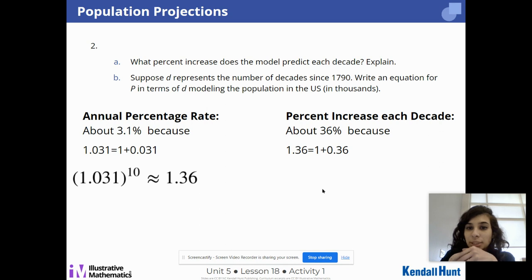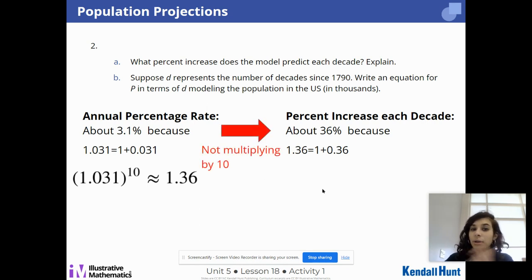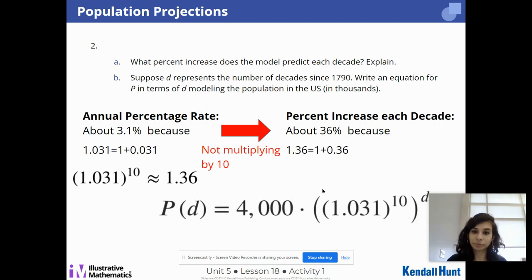We know that my percent increase each decade is about 36% because 1.36 is equal to 1 plus 0.36. So we increase around 36% every decade. This is where we have to be careful about how we are manipulating our time. We are not multiplying 3.1 times 10 years. No, that does not work like that. Remember, we're taking 1.031 to the power of 10, which gives us 1.36, and my percent value is 36%.